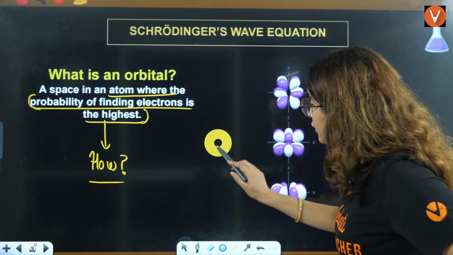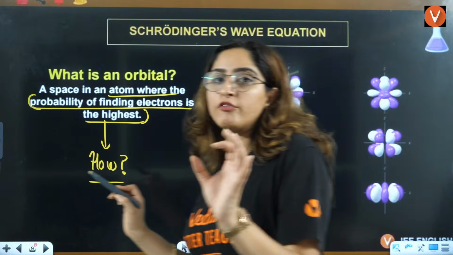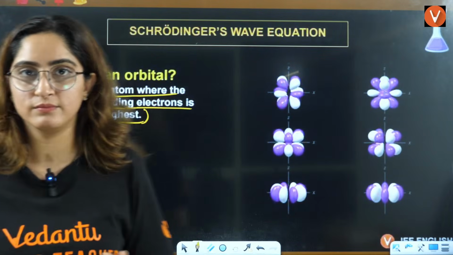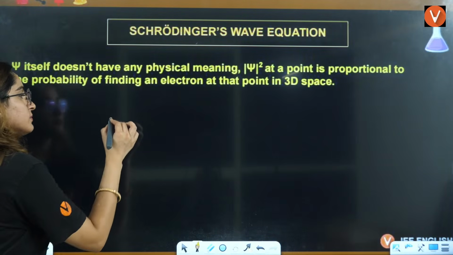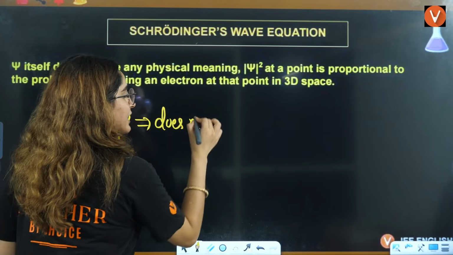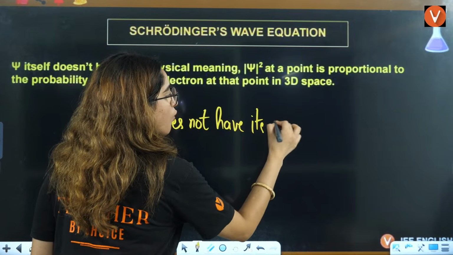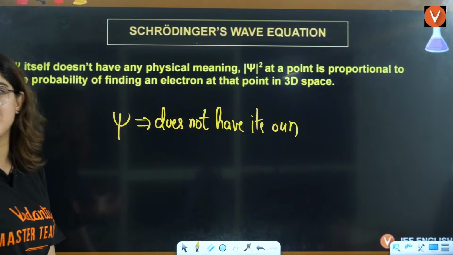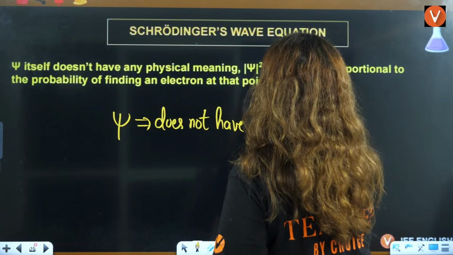Our solution, right? When you find out the value of the psi wave function, it does not have any value of its own.